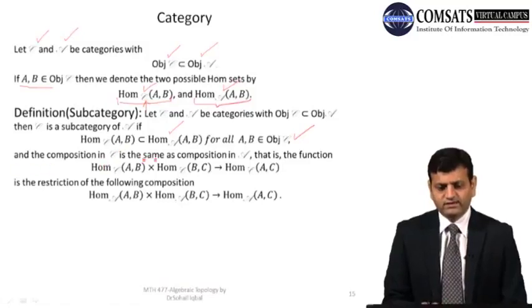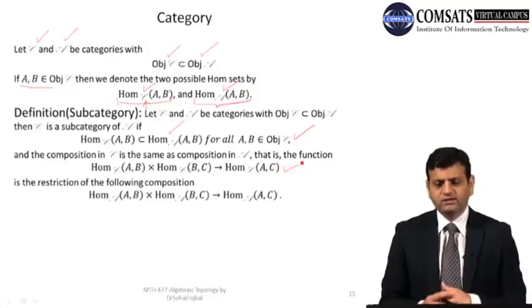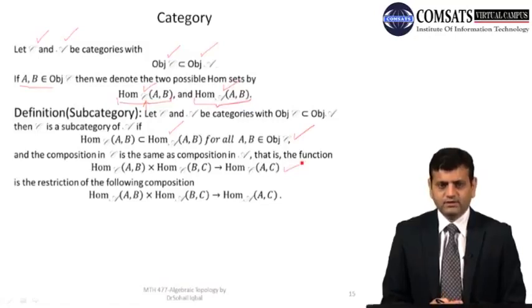And the composition in C is the same as the composition in A, that is, the function is a restriction of the following composition function. Of course, in the category we have as a third component the composition rule. So we are saying that in the subcategory the composition rule is the same as the composition rule in the category.